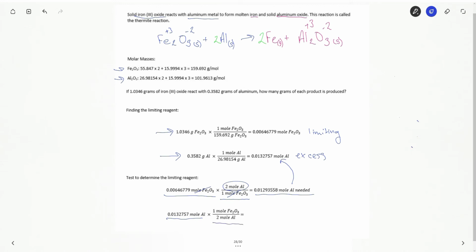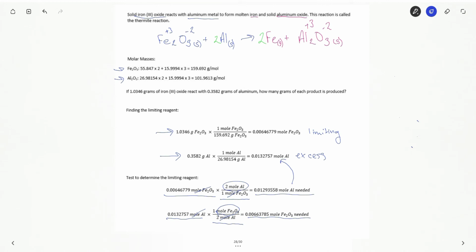So for my balanced chemical equation, here's my mole ratio. Again, this time my moles of aluminum cancel, and I'm converting this to moles of iron oxide. So if I'm going to use all of my aluminum, I need 0.00663 moles of iron 3 oxide.